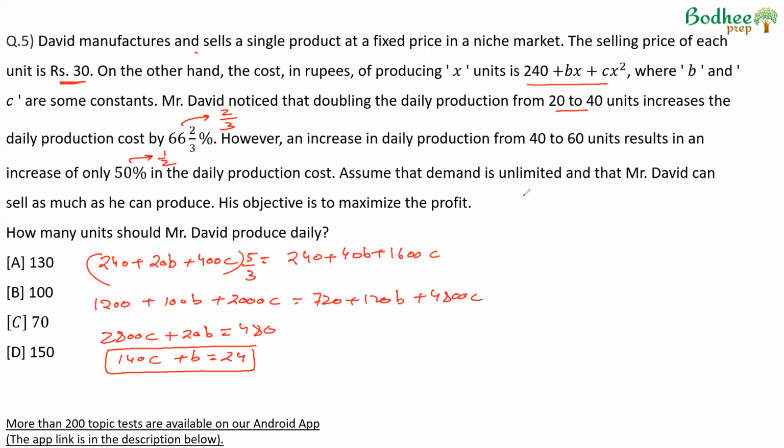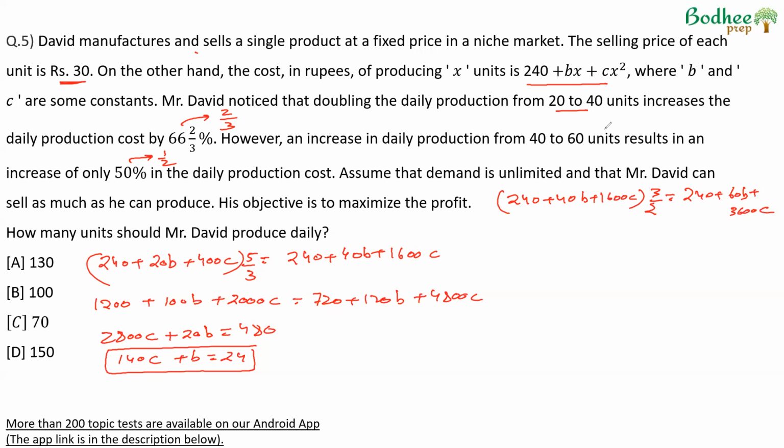The second part, again: the cost of 40 units, 240 plus 40B plus 1600C, is increased by 20%. So it becomes 3 by 2 for 60 units, that is 240 plus 60B plus 3600C.